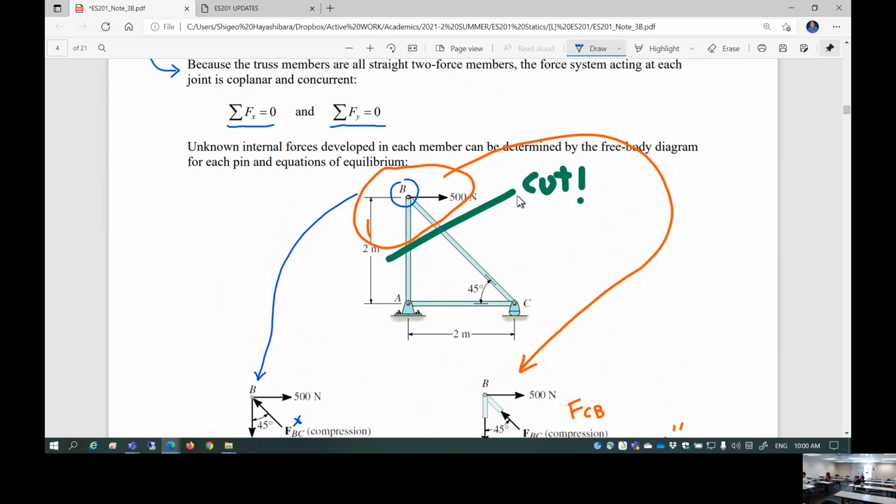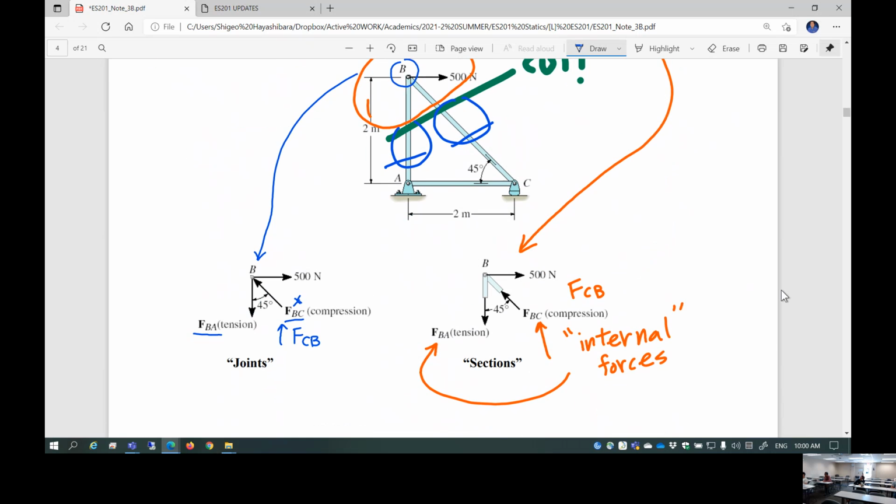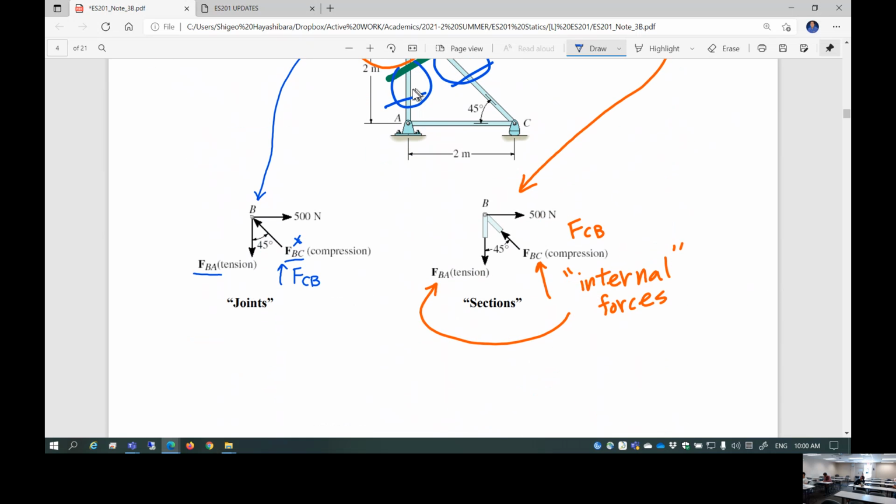So let's say you just cut here, and also you cut here and cut here too. Then pick up this member and that member and take a close look at it. So this member is going to look like this. So this is FBA, same and opposite FBA shows up.